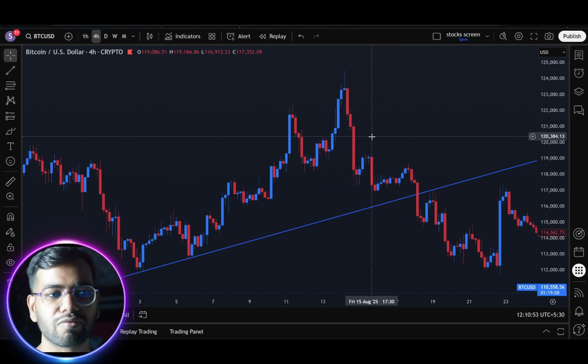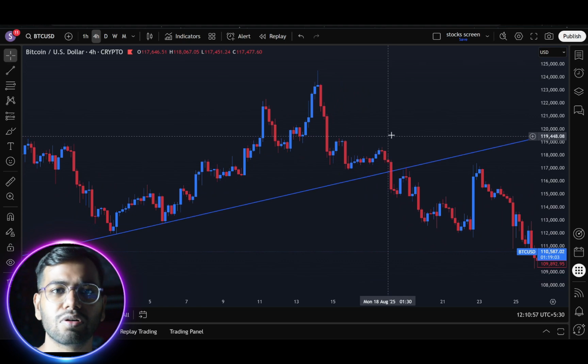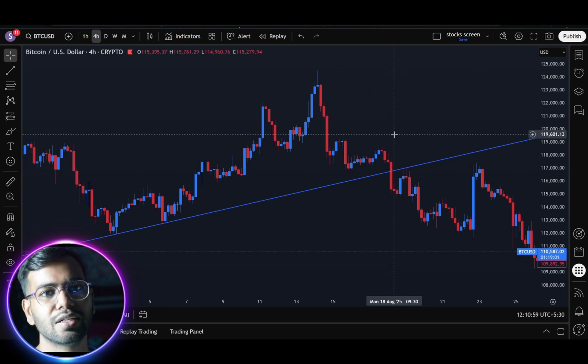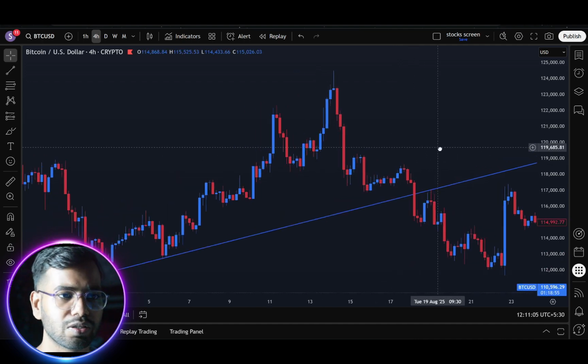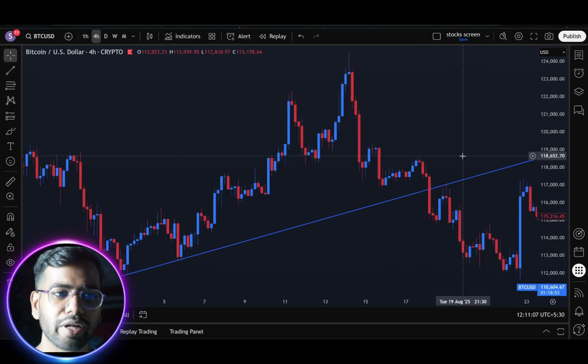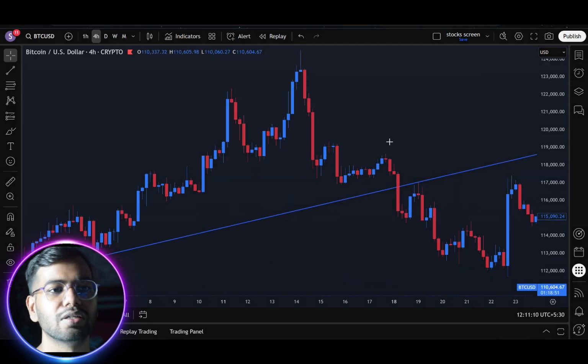Also, this was Friday, and the next two days were Saturday and Sunday. Friends, what generally happens on Saturday and Sunday is that Bitcoin trades sideways for most of the time. I wanted to take advantage of this. So at the completion of this candle, I sold a call option at around 1,20,000.